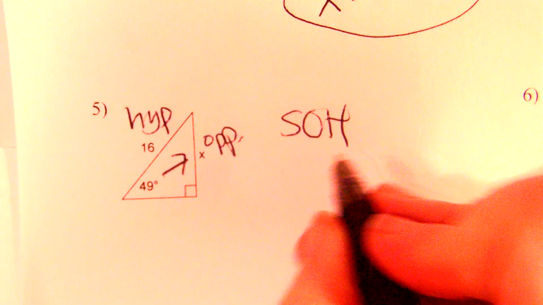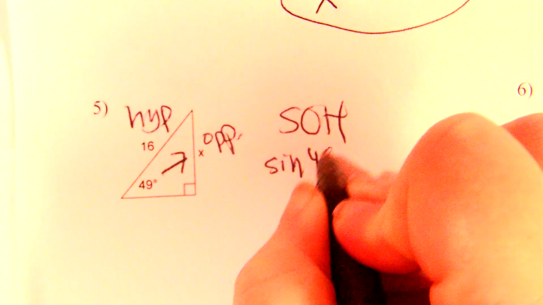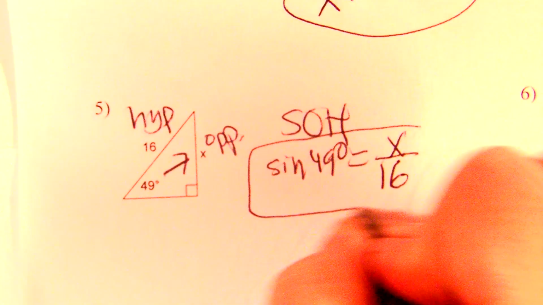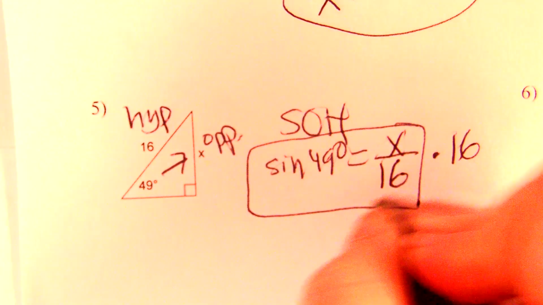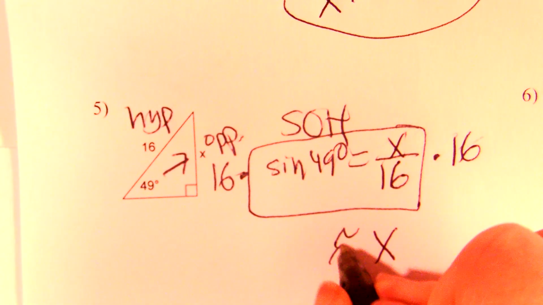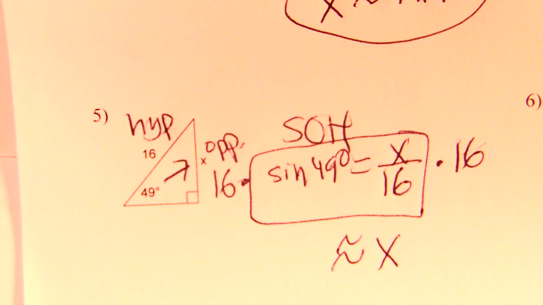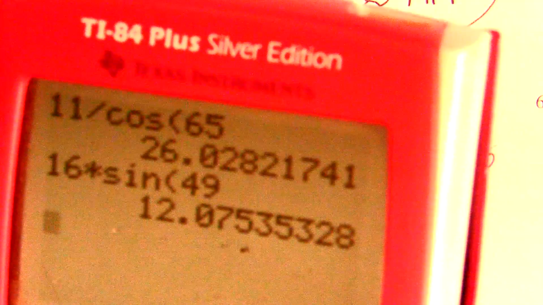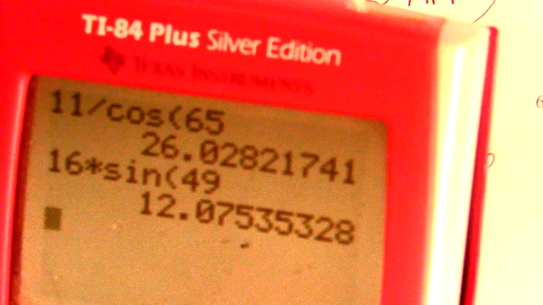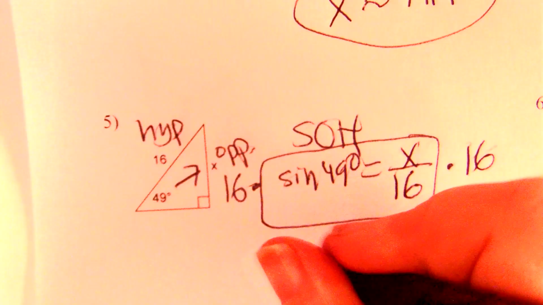Opposite hypotenuse. Sine of 49 equals x over 16. Put a box. Times 16 to cancel the denominator. 16 times sine 49. 12.07. The 7 makes the 0 a 1 because it's 5 or more. So 12.1.